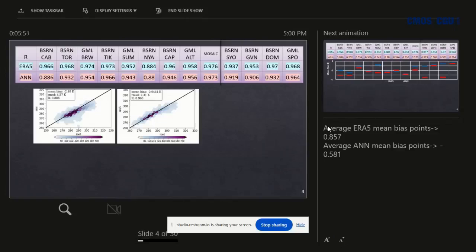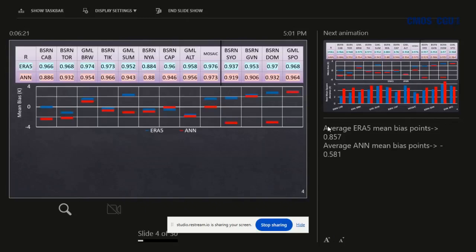For the most part, I have them ordered here from low latitude to high latitude, and then there's the black line, and then it's the Antarctic stations from low latitude to high latitude. So the first station in the Netherlands, this Cabauw station, does quite bad compared to the ERA5 performance compared to the same data set. But other than that one, they're usually within 100ths or 200ths for the correlation coefficients.